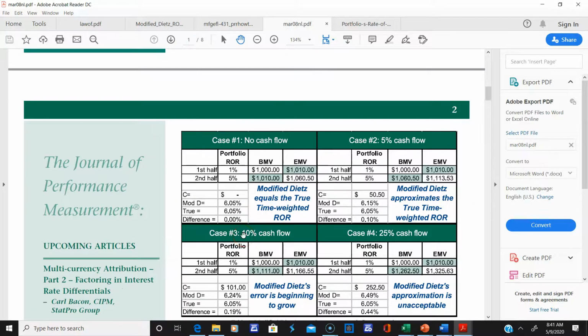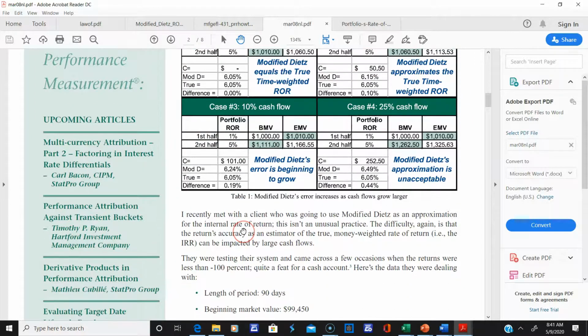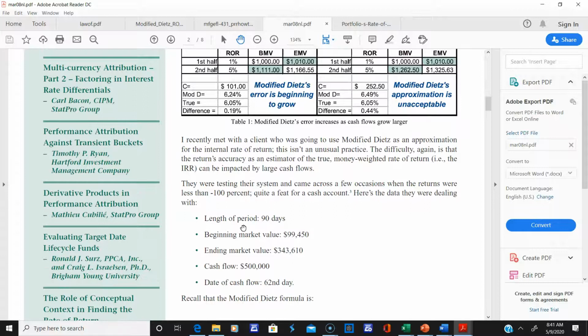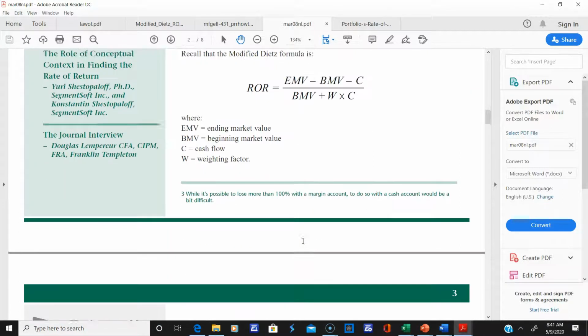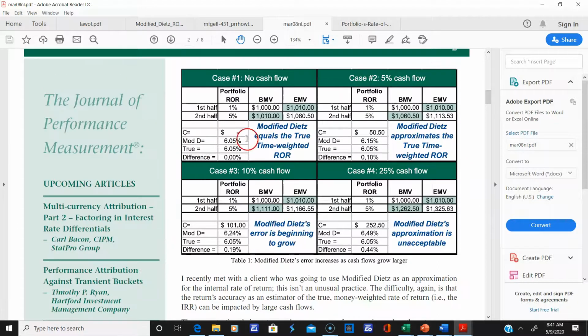So they come up with a couple different cases here, which they go over in this example. And once again, here's the equation. Here's the modified Dietz method. Here's the weights, and here's the cash flows.